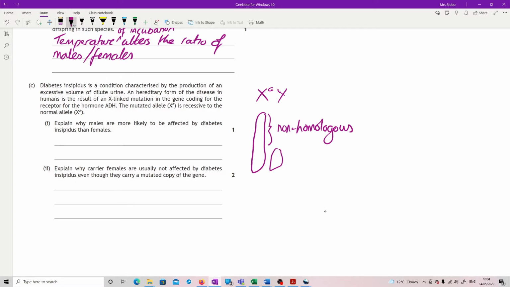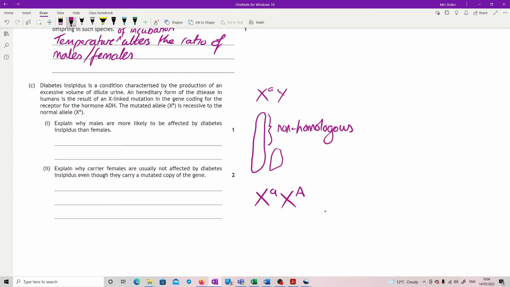Explain why carrier females are usually not affected by diabetes insipidus even though they carry a mutated copy of the gene. This is worth 2 marks. You're going to have to give a little bit more than just the fact that they have this. Remember, for all females, so that they don't have a double load of the non-homologous section, as it were, because that would be too much, they have random X inactivation of an X chromosome in every cell.